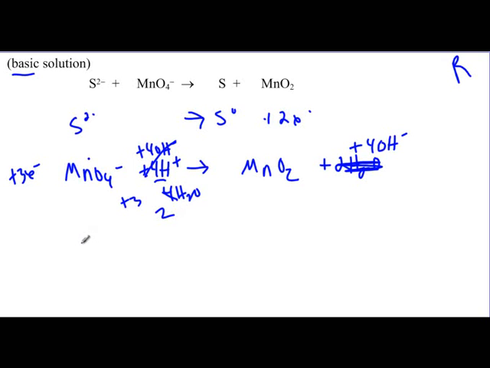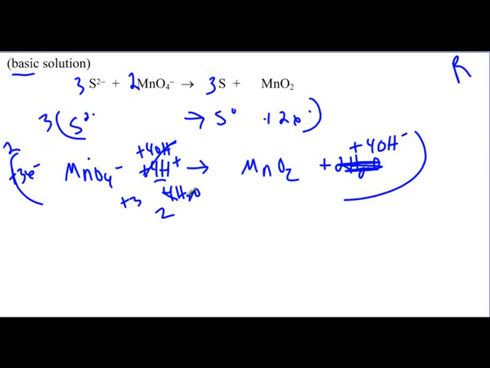Alright, so that looks kind of messy, but I have 2 electrons here and 3 electrons here, so I need to multiply this equation by 3 and this equation by 2. So let's do that. 3 here and a 3 here. Alright, 2 comes up here.